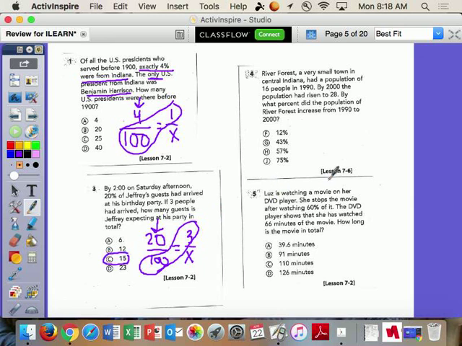All right. River Forest, a very small town in central Indiana, had a population of 16 people in 1990. By 2000, it had risen to 28. Woo woo, that's a big town. By what percent? Okay? So when it says by what percent, right? That's saying we don't know what that is, right? But because it says percent and increase, we know that we need to do our old or new minus each other.